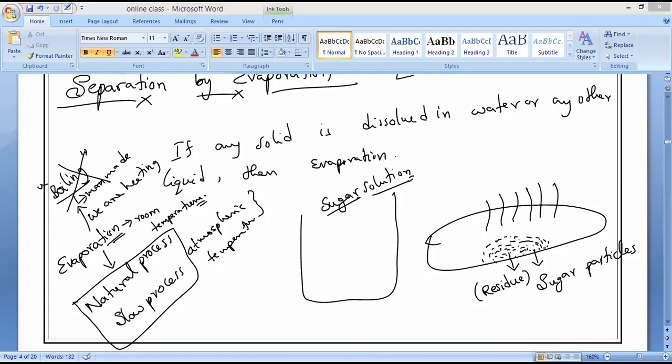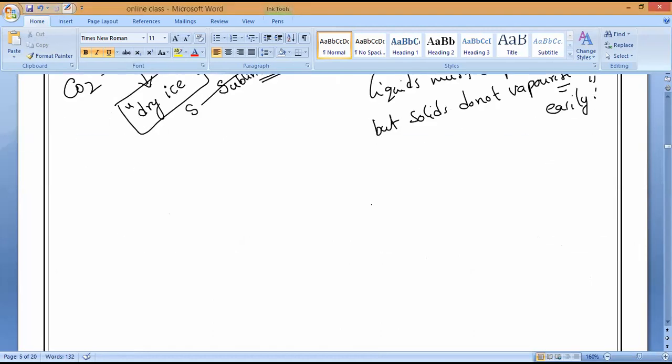If you take common mixtures like salt water and sugar water, shall we separate them by filtration and centrifugation? Is it possible to separate the salt from water by filtration and centrifugation? No, sir.